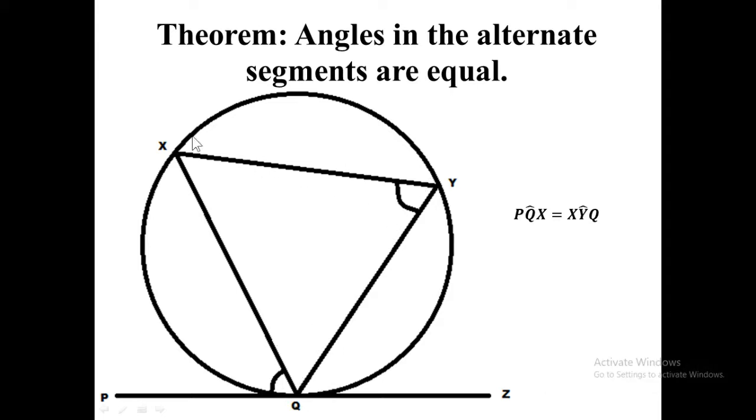Look at the tangent, this chord SQ, and another chord drawn to it, touching it. Where these two chords meet, that's where the angle is going to be. So this angle here is alternate to this angle, and that's why PQX is equal to SYQ. So you're going to be using this theorem to solve problems in this video.